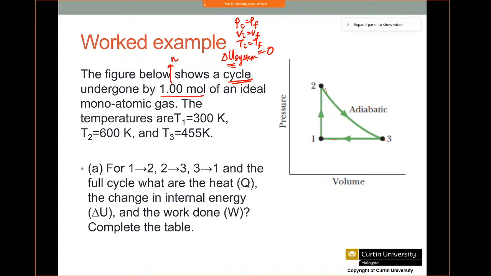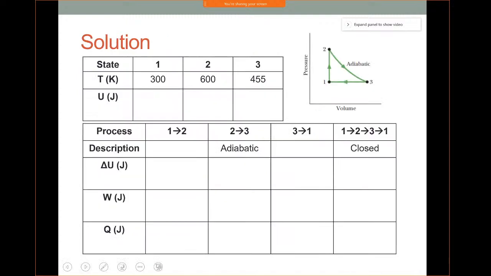So this is your n equals 1. And given the temperatures T1 equals 300 K, T2 600, and T3 455. Find what are the Q, delta U, and W.